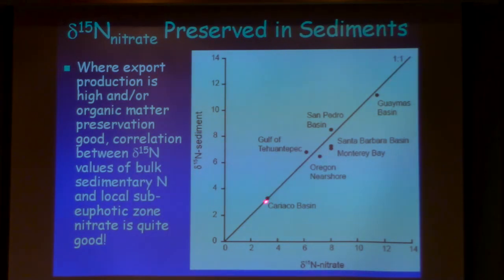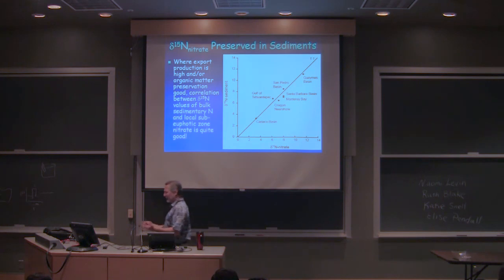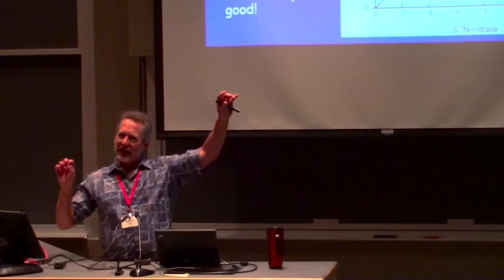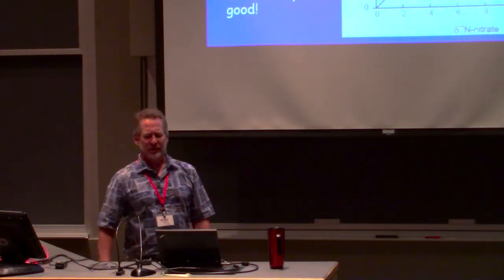And you can see that Cariaco, Gulf of Tehuantepec, offshore or nearshore Oregon, Guaymas Basin, there's a nice relationship. So we can extend our interpretations back through geologic time in terms of the rough gauge of inputs and outputs based on the nitrogen isotopic records.